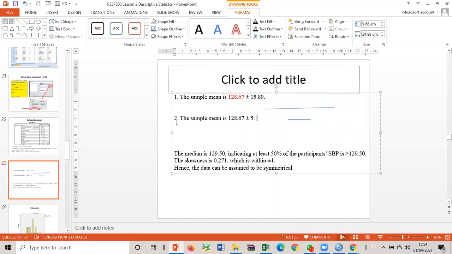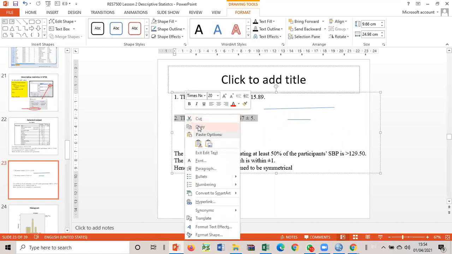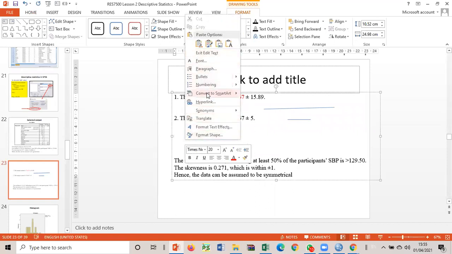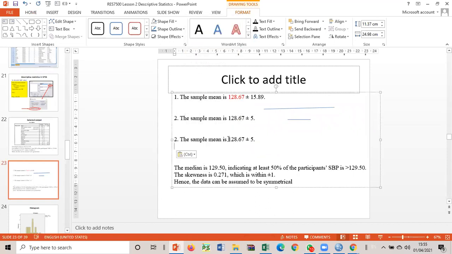Okay, another one. Let's say number 3. Number 3, this value is 28. So what's the difference between number 2 and number 3? How do number 2 and 3 differ? The sample size?